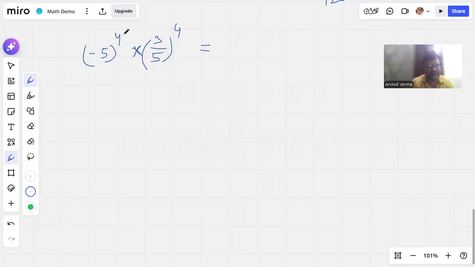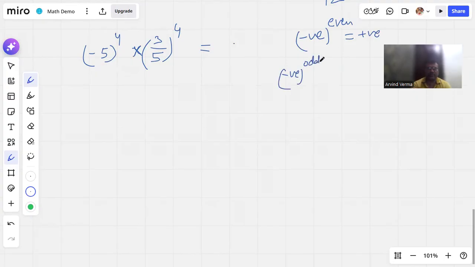The bases are not the same, but the exponents are the same. Let me give you a concept. Any negative number to an even power is always a positive number, and any negative number to an odd power is a negative number.